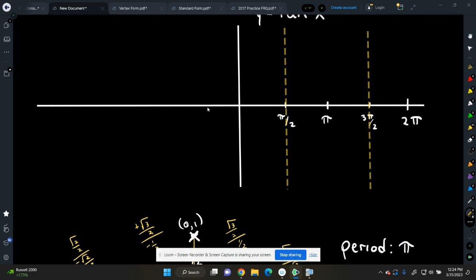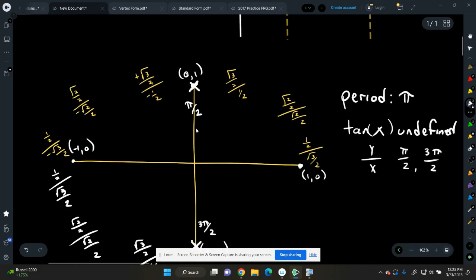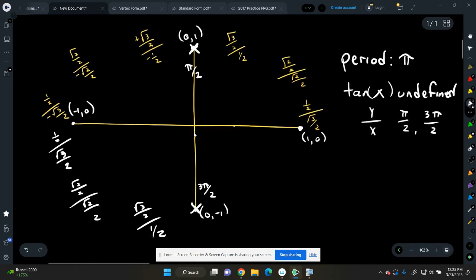Okay. Now, if I go the other direction, all the way over to negative 2 pi, negative pi, negative pi over 2, negative 3 pi over 2. If we go in the negative direction, the same thing is going to happen. It's going to be undefined. Instead of 3 pi over 2, what would we call it? Negative pi over 2.